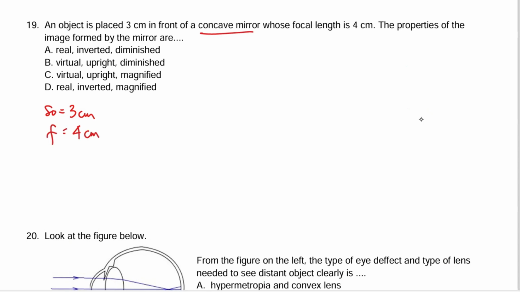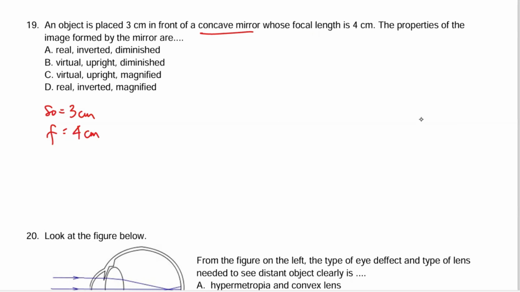The properties of the image formed by the mirror, you can find using your knowledge if you have memorized it. For this question, the object is located closer than the focal point, right? There is something special about that if you still remember.